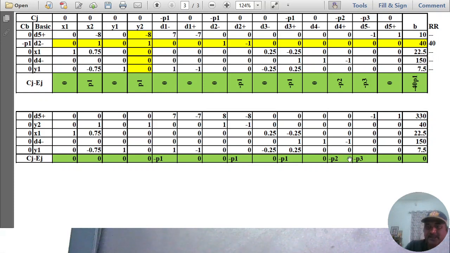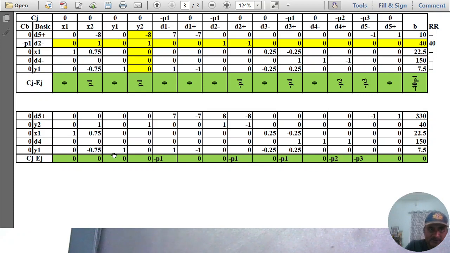Had it been so, I would have taken that as the entering variable. Once I make sure that all P2s also have negative coefficients, I search for any variable in which P3 has a positive coefficient. I don't have P3 as a positive coefficient. So here I have got the optimal solution. All goals satisfied.